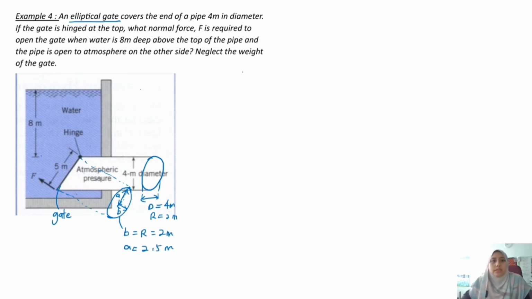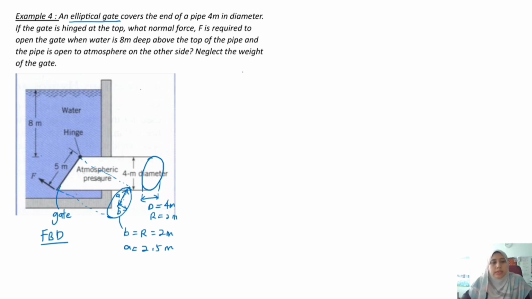Remember, when you want to solve this kind of problem, the first step is to draw the free body diagram. In this free body diagram, you have to state all the forces that act on the gate. The gate has hydrostatic force exerted on it.